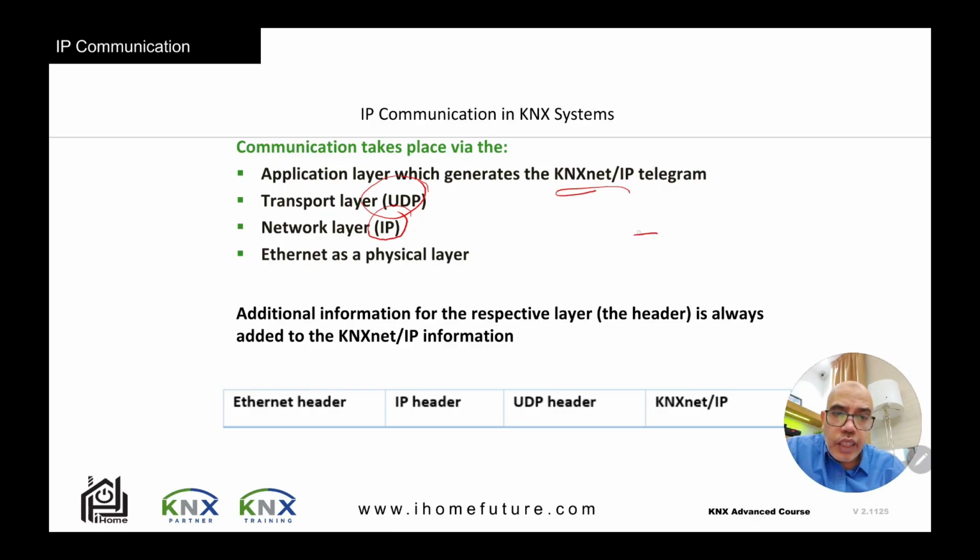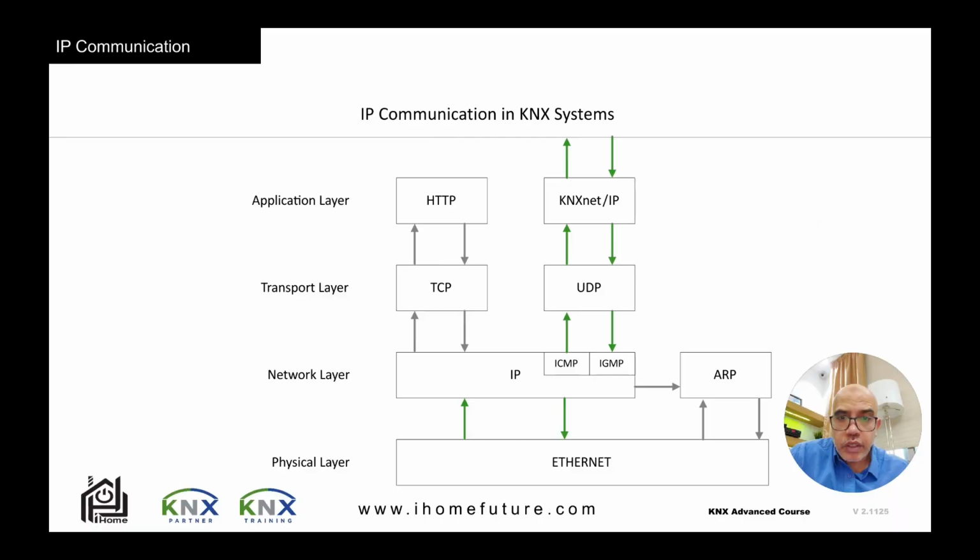I have TP telegrams on my TP devices that need to be sent via the internet or via IP communication. I have to use what I call an IP router or even an IP interface, which will have a KNX port and an IP port. An IP port should be configured using the IP methodology I'm using. The KNX port should be configured using the KNX methodology or address I'm using.